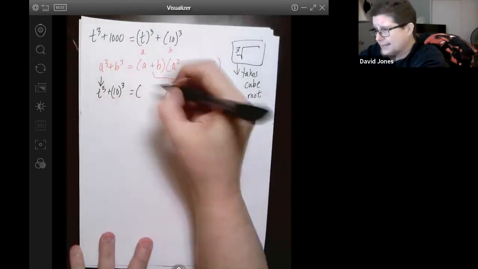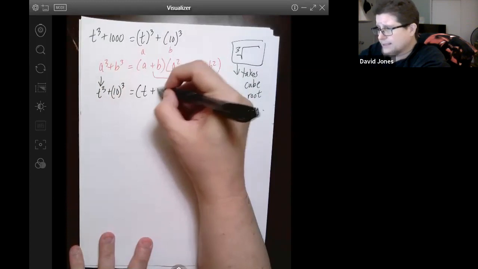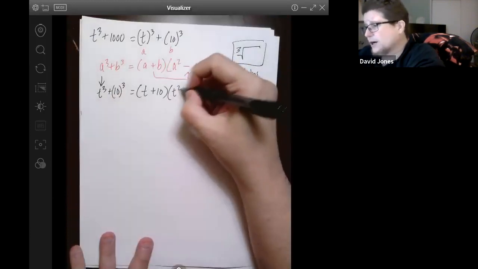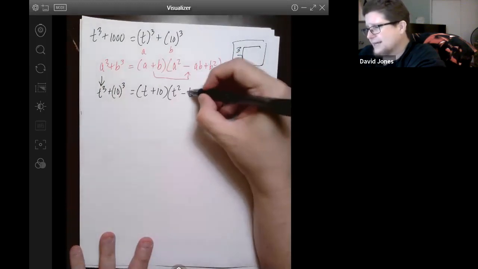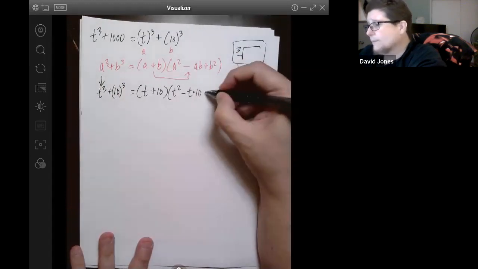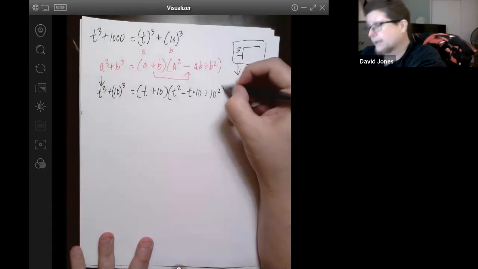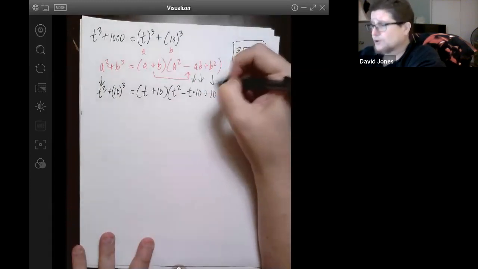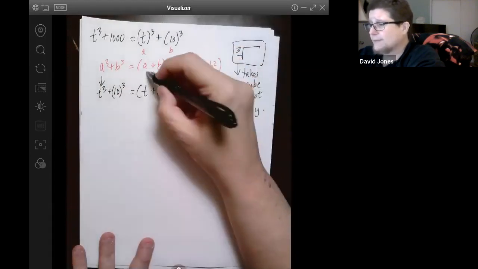So a is t, b is 10. I'm putting those in. I've got t squared minus t times 10 plus 10 squared. I'm just replacing the letters with exactly what they match up with.